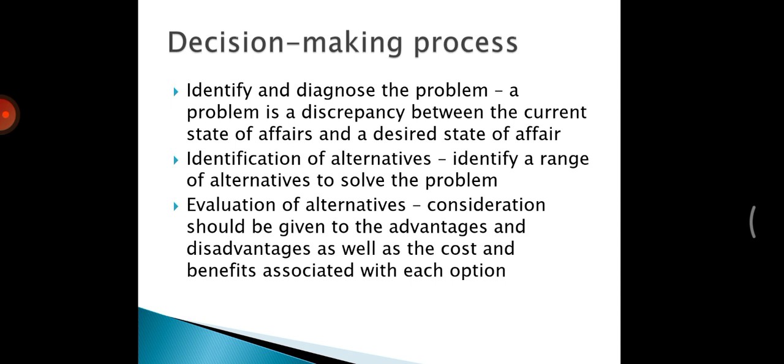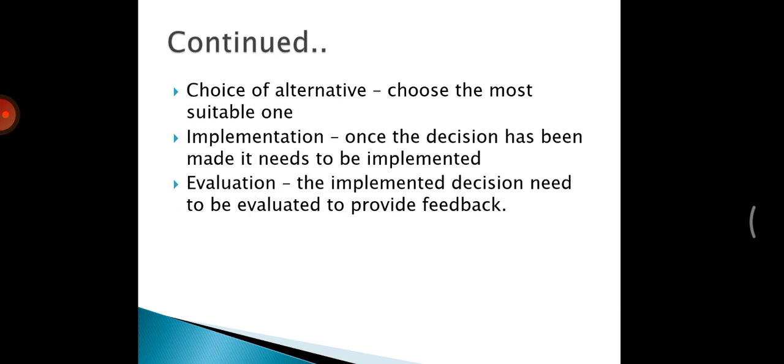Since we applied our divergent thinking and framed a lot of options, we have to evaluate which one is the best. Then choice of alternatives: choose the most suitable one which is applicable. Then implementation: after choosing, you implement that option for action.